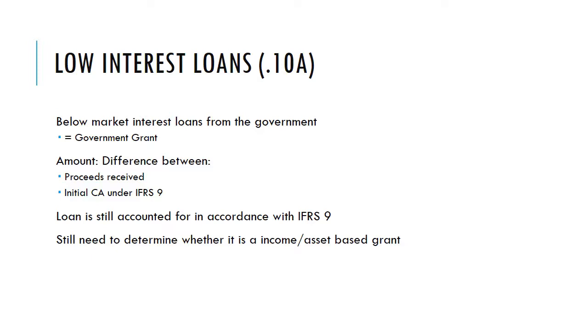We calculate the amount of the grant and use that amount to account for it in terms of IAS 20. Then the loan is still accounted for in accordance with IFRS 9. This video is not going to deal with the loan. We are just focusing on the IAS 20 part, which is the government grant.